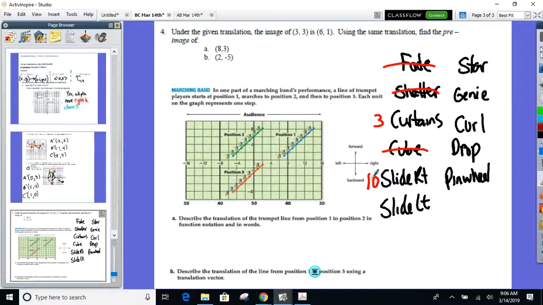Slide left. Star. Genie. Curls. Drop. And the pinwheels.